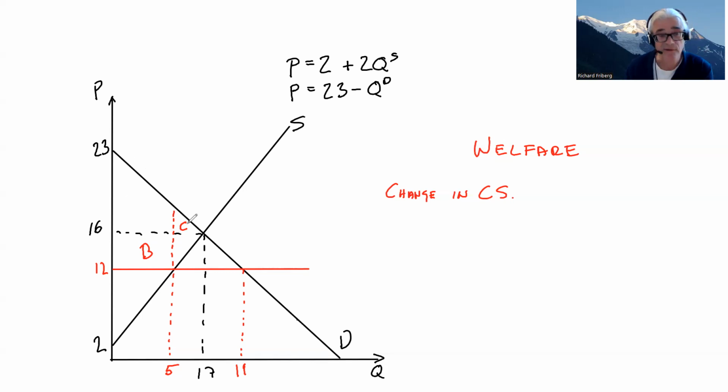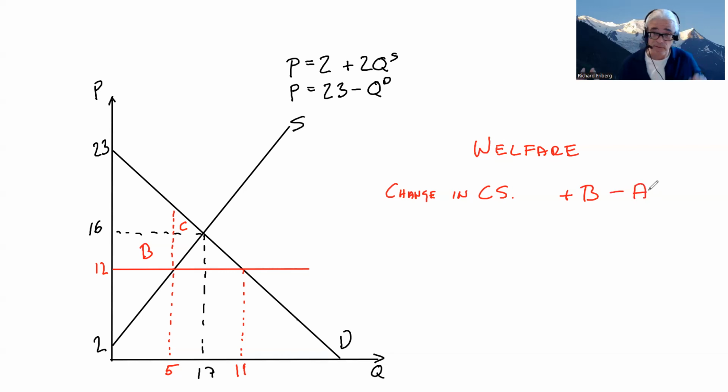But there are a number of units that are not being consumed, because less is supplied. So the change in consumer surplus is plus B minus A.